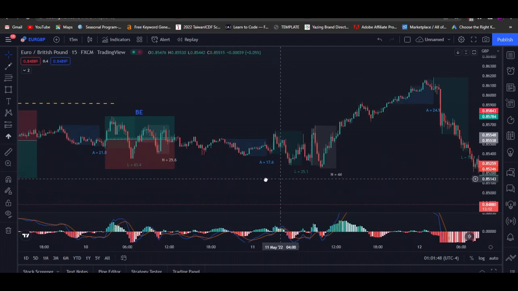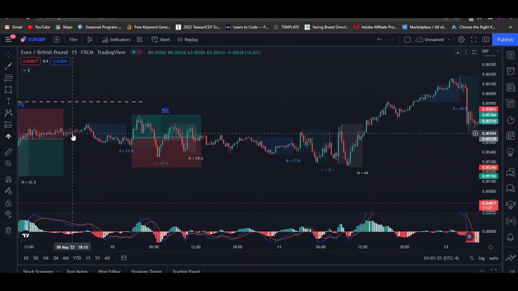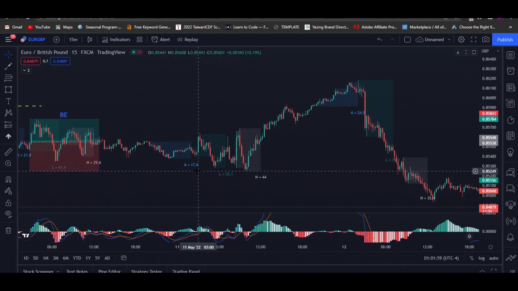Now we're coming on the 11th of May. If you look very closely again, you can see the price actually went down on May 10th. So May 11th, we're looking for a sell. And price did give us a normal sell setup.